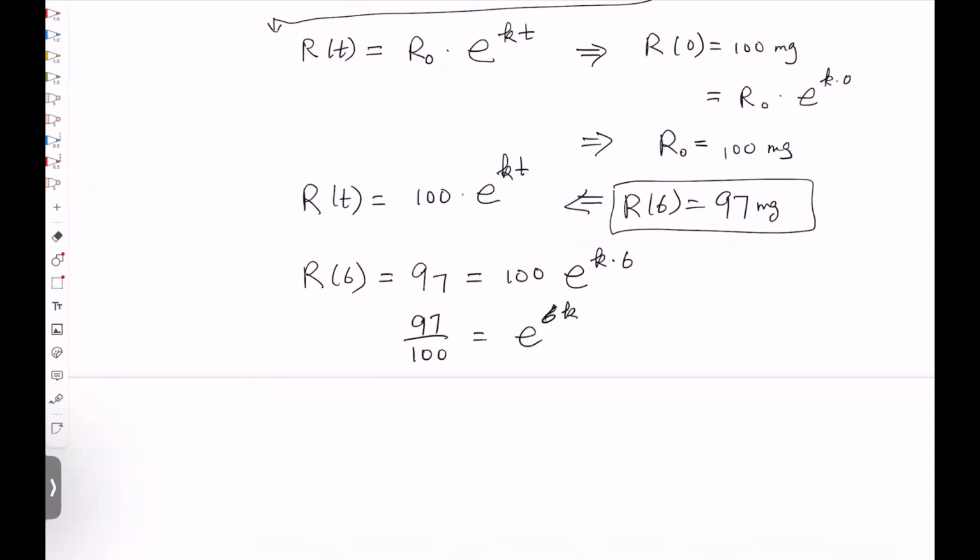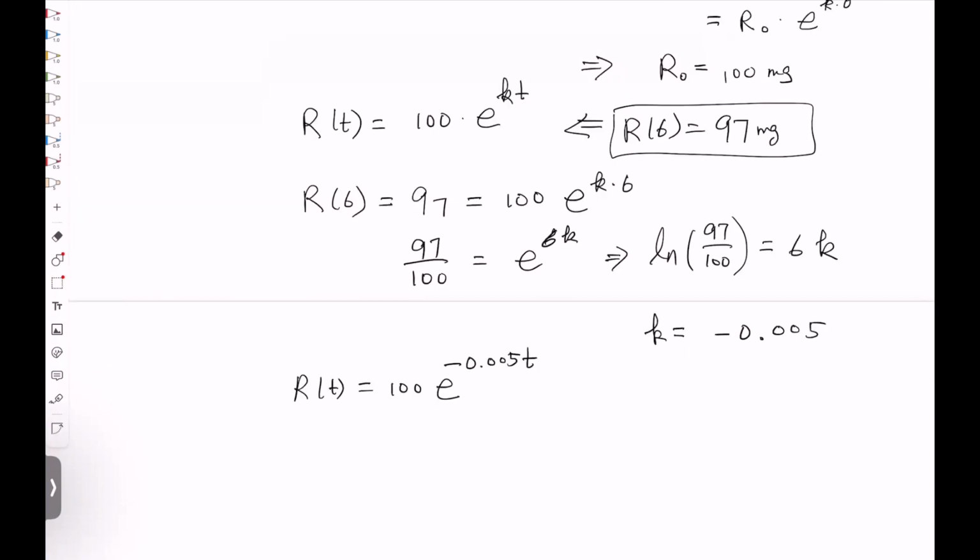Now you take the ln of both sides. So ln of 97 over 100 equals 6k. And from here, k equals about negative 0.005.